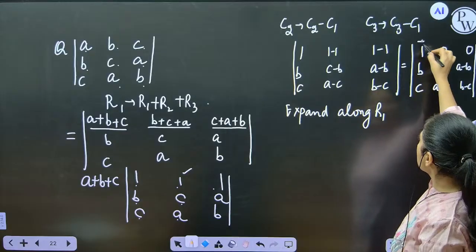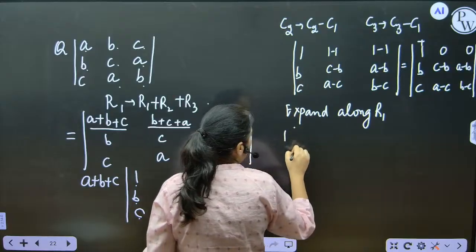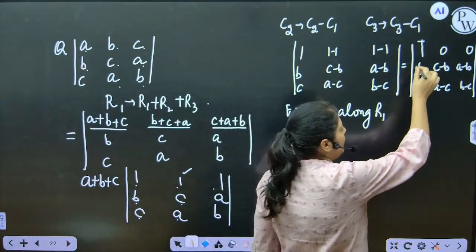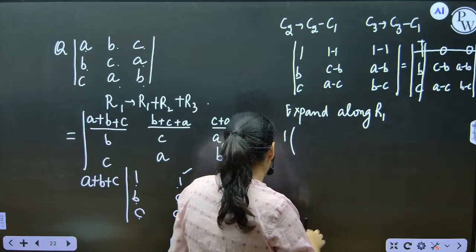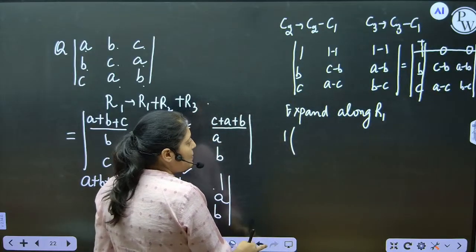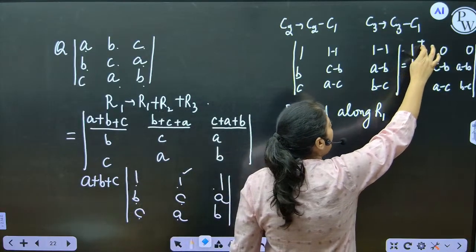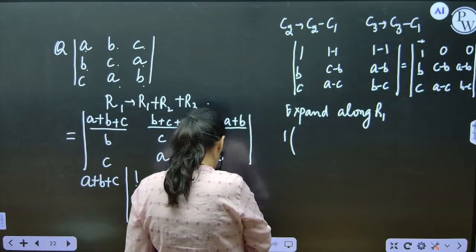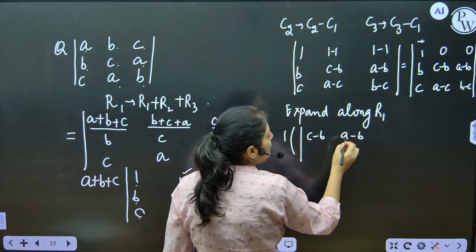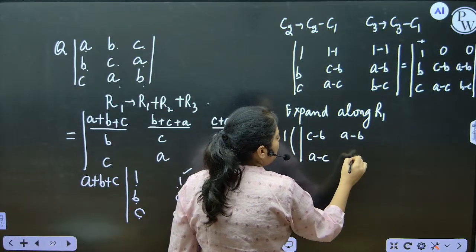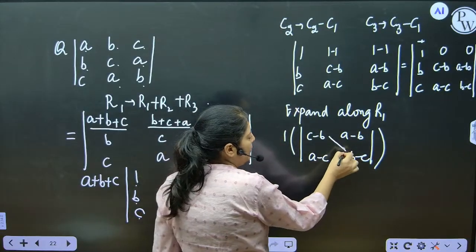This sign will be plus, minus, plus. We don't need that because that is 0 only. So plus 1. Which row and which column will be left? This row and this column we will leave. Which numbers are left? C minus B, A minus B, A minus C, B minus C. Okay, now determinant means what?